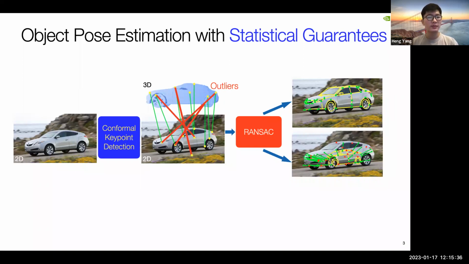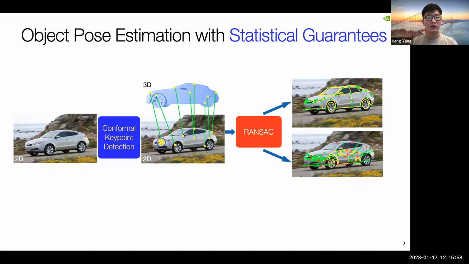After you wrap the black box model in this statistical machinery, the front end becomes what we call the conformal keypoint detection part. The result of this conformal keypoint detection is not simple point-to-point correspondences, but actually a prediction set for each keypoint.